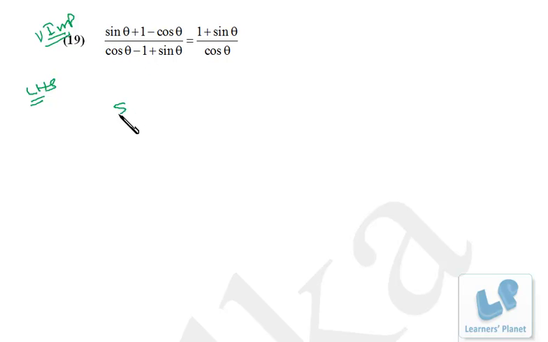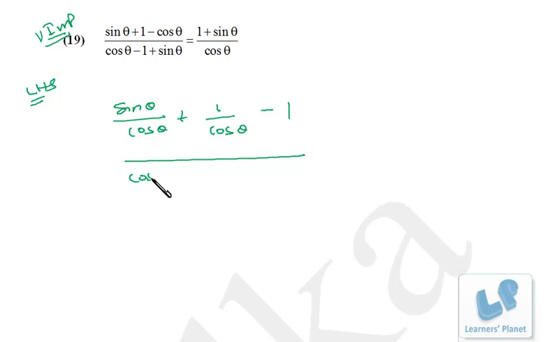So it's sin theta by cos theta plus 1 by cos theta minus 1 upon cos theta by cos theta, that's 1 plus minus 1 upon cos theta plus sin theta upon cos theta.